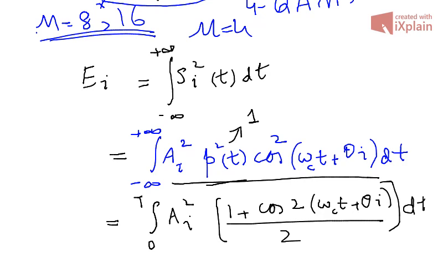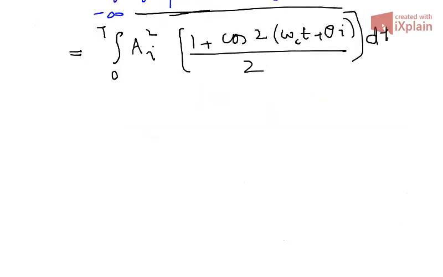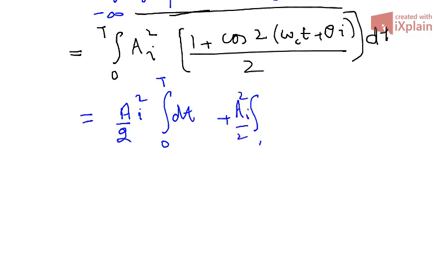Now if you go ahead and try to integrate this out, let me write it in the form of two integrals: A_i squared over 2, integral from 0 to T of dt, and another integral, again A_i squared over 2, from 0 to capital T of cos of 2 omega_c t plus 2 theta, dt.